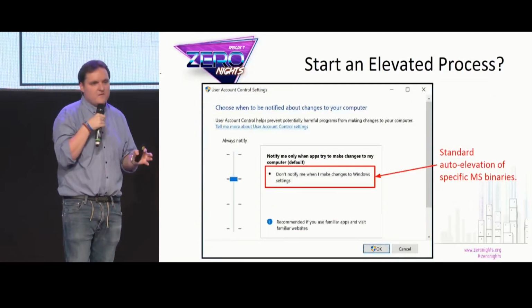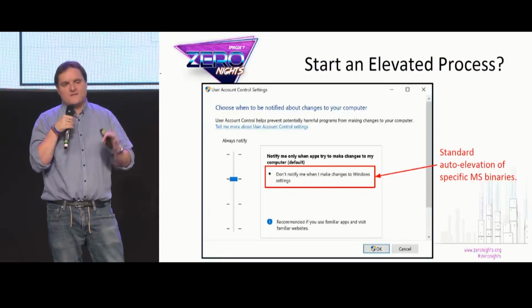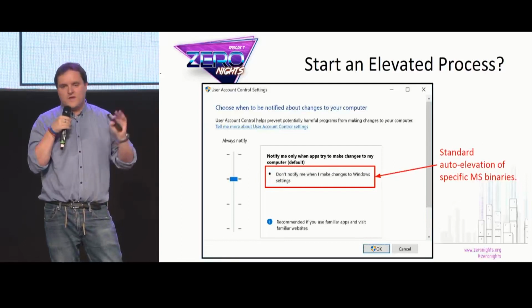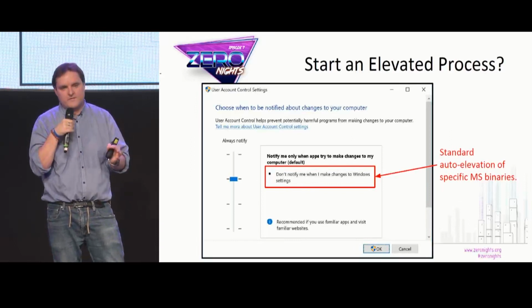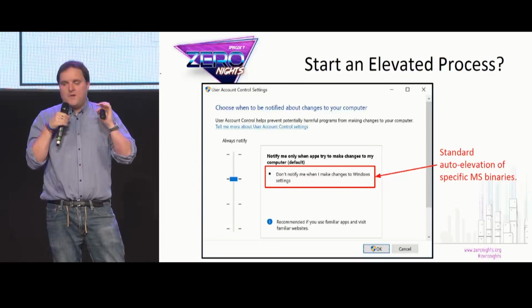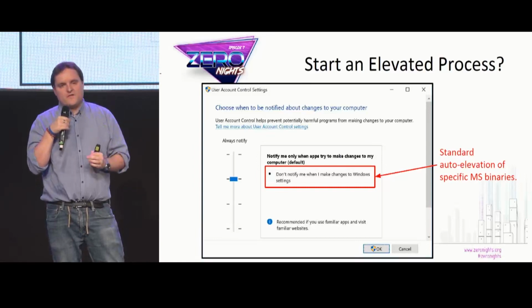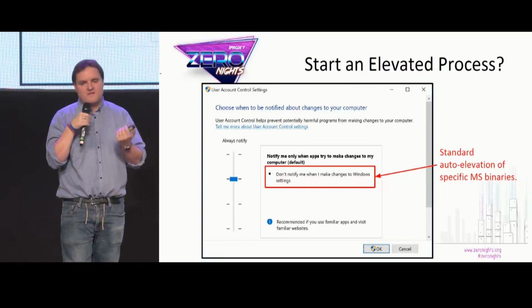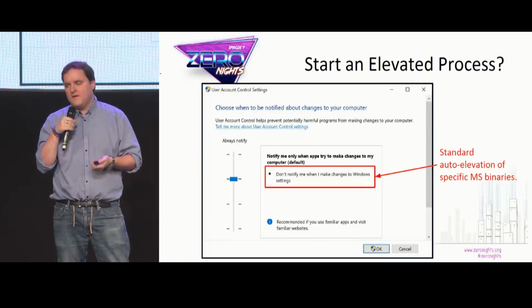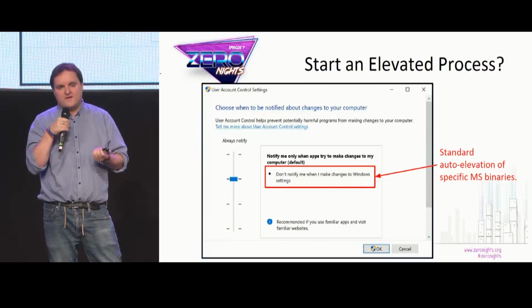Okay, so as it stands, we can open the process token, we can then impersonate that process token, and we can obviously get admin privileges from that. But where do we get an elevated process from? How do we get that without putting up a prompt? Well, in Windows 7, Microsoft generously changed the default behavior and added the auto-elevation policy.